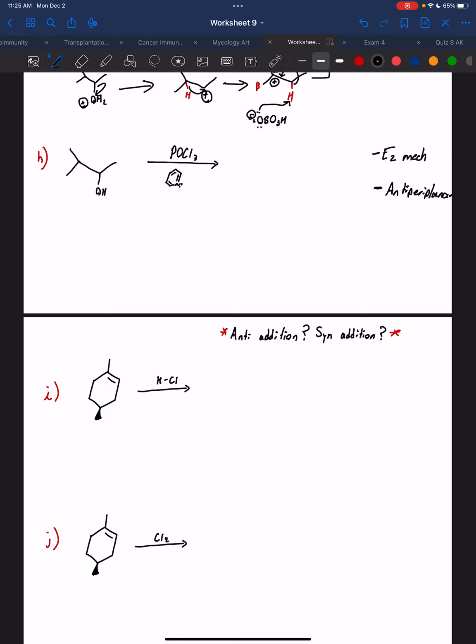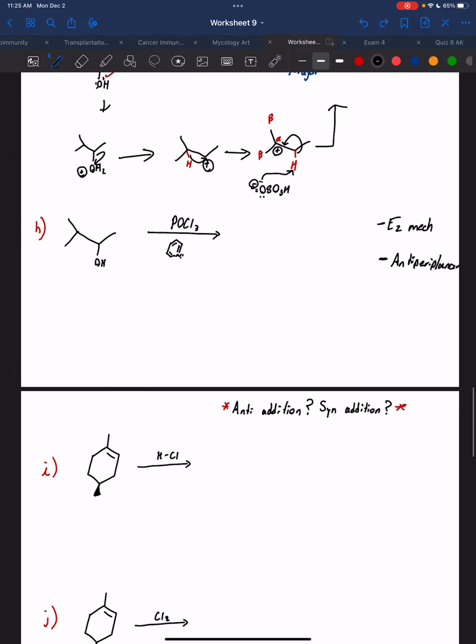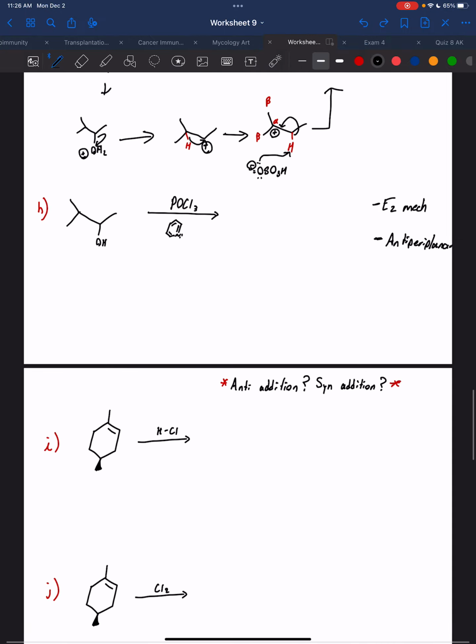So if they ever give you stereochemistry, you would know how to go about that. But antiperiplanar just pretty much means that, let's say Cl, that your leaving group and your beta hydrogen that you would be deprotonating, they would be on the opposite sides. Yeah, that's as far as I'll go with that. So you can do a little quick refresher on that by yourselves because it is still important, but let's begin with the mechanism.